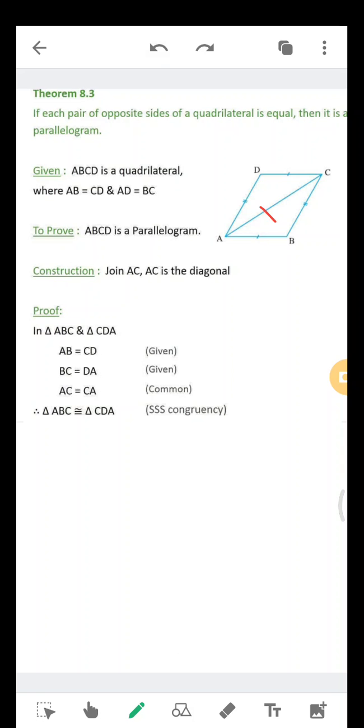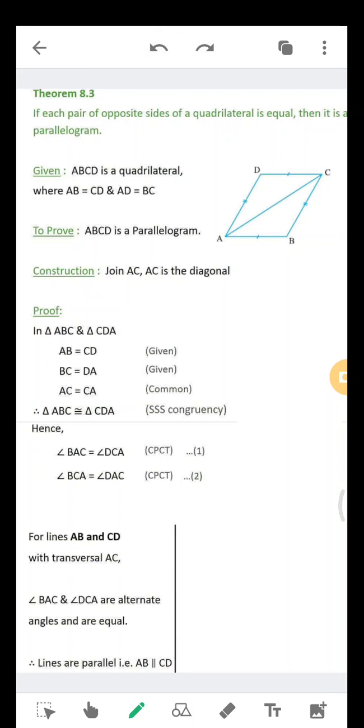by the SSS congruency rule. When these two triangles are congruent, angle BAC is equal to angle DCA by CPCT. Then I can also say this angle is equal to this one, that is also CPCT. When these pairs of angles are equal, conversely I can say DC is parallel to AB.